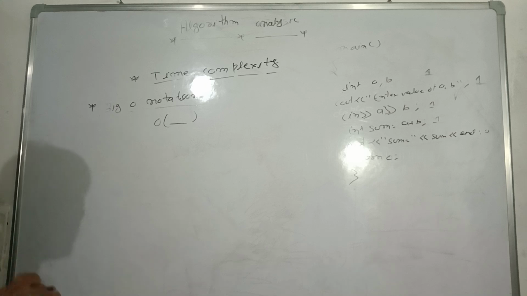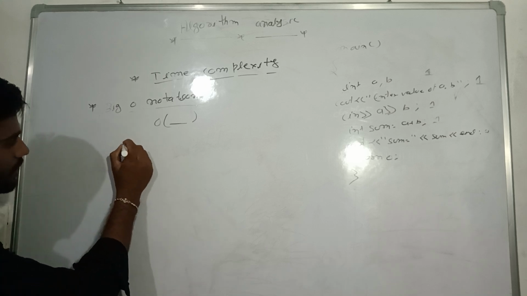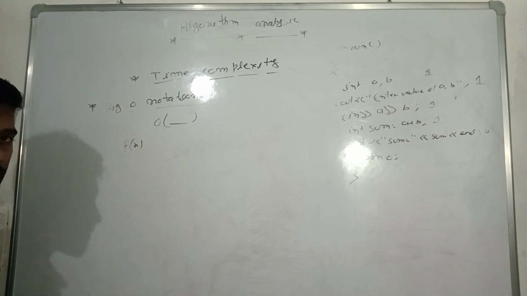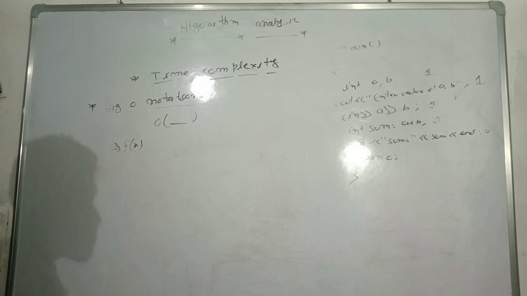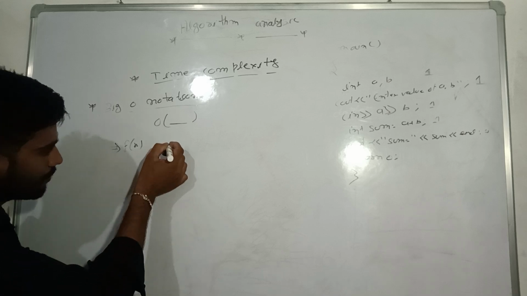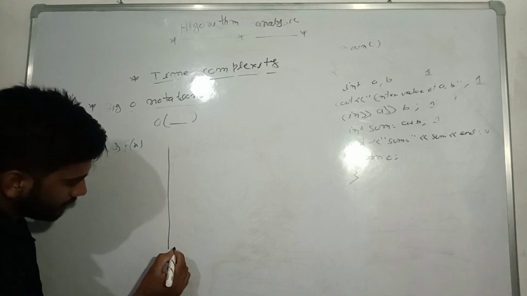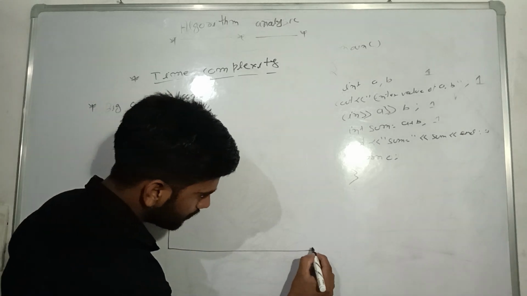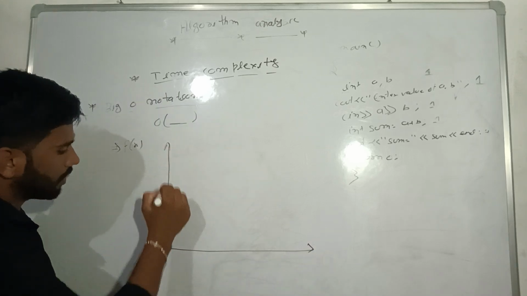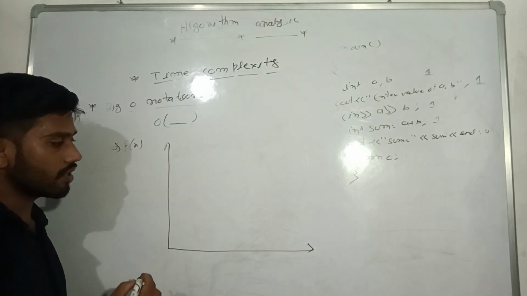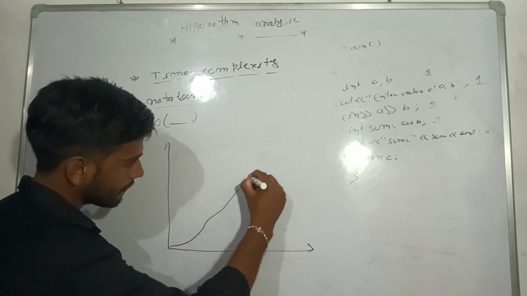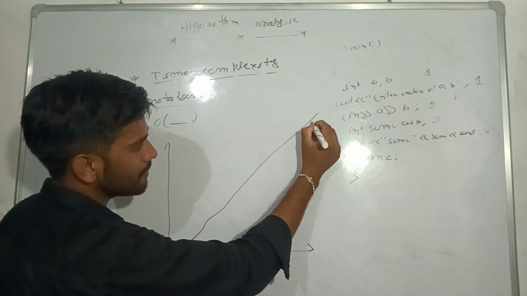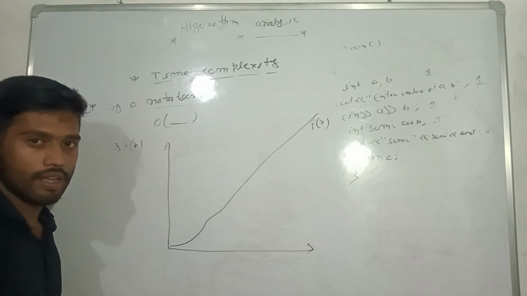Suppose that there is a function f(x), right? And we have to analyze how much time it occupies with the help of a graph. Then this is the graph, and in this graph this is the function f(x), right?